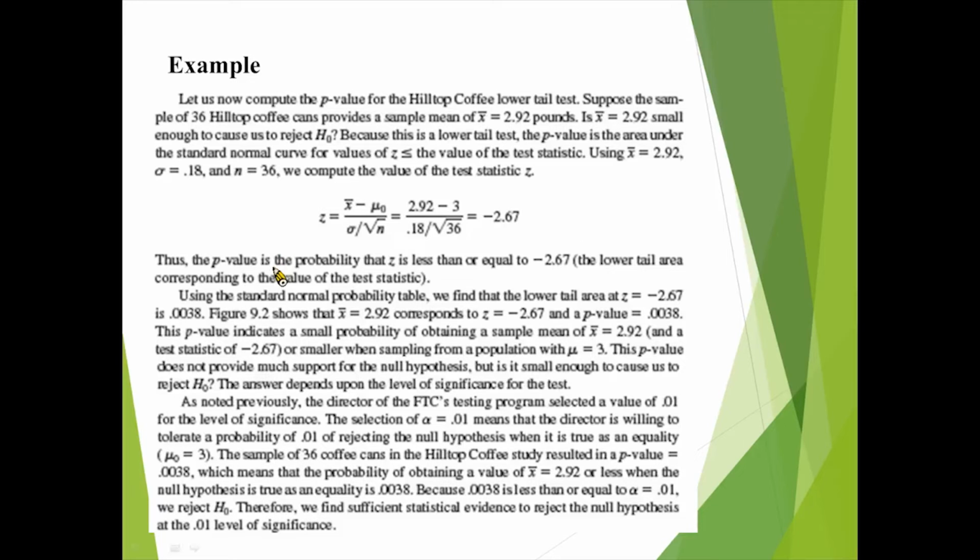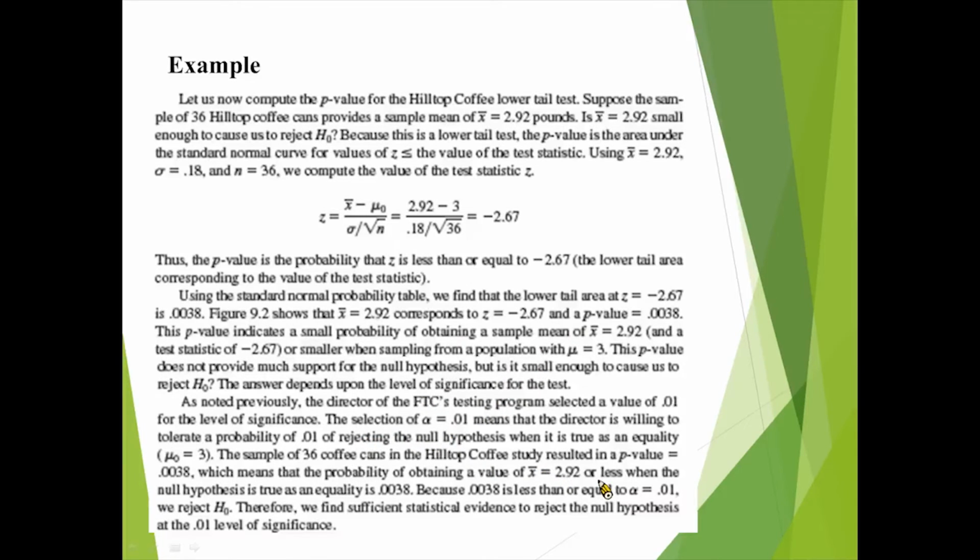Okay, so we can check the standard normal probability table. We can see this value is 0.0038. This is the p-value.